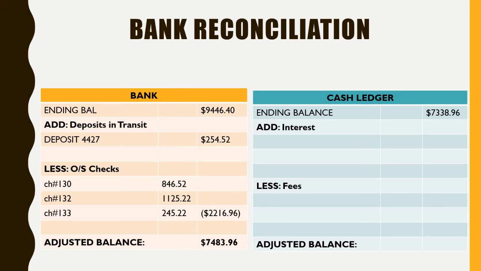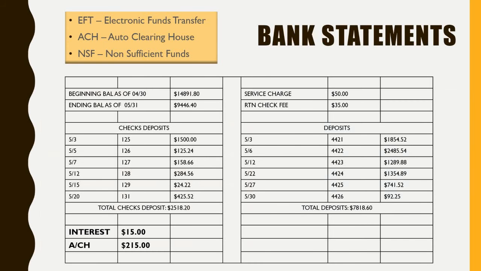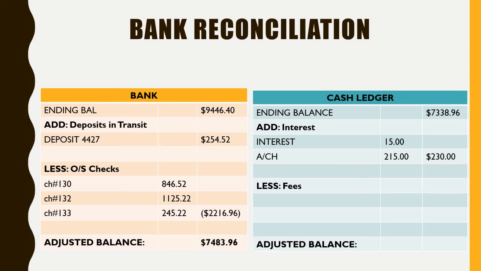First thing you need to do is add any interest. If the bank has collected interest for you, or online payments, whatever it is, it should be listed on your bank statement. So in this case, you're going to add your interest of $15, and you're going to add your ACH, which is the automated clearinghouse, for $215. So pop that number in there. That means you're adding a total of $230.